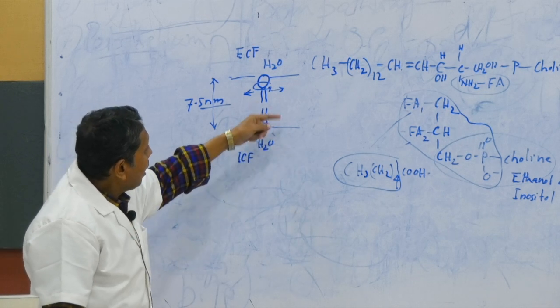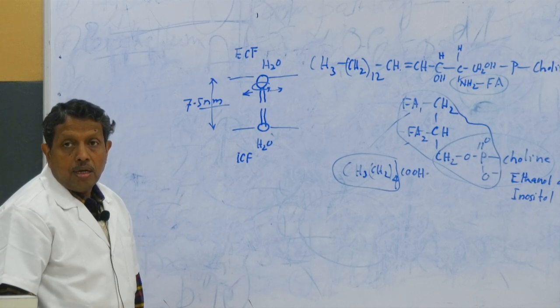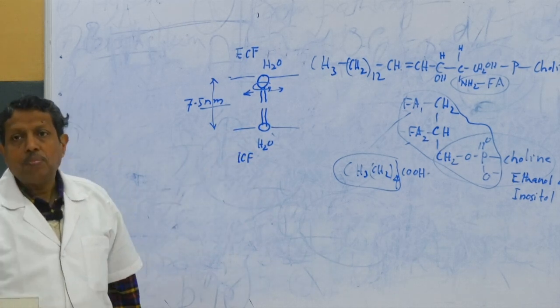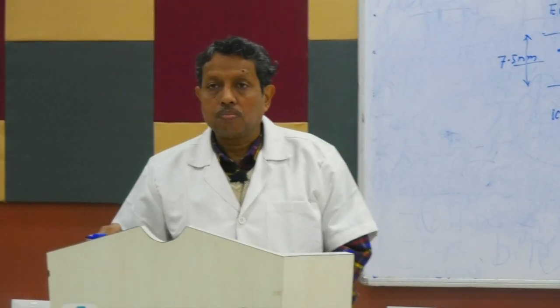In some abnormal conditions, it is possible that phosphatidylethanolamine can be on the outside layer. But diffusion along the lipid layer in the particular part is possible.